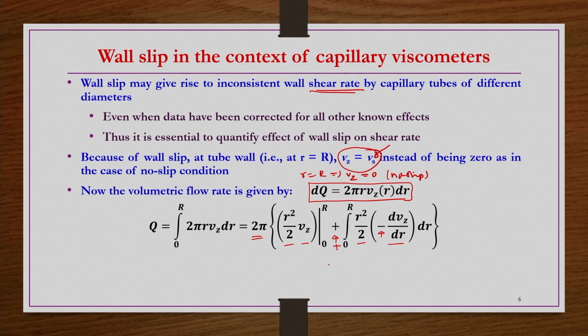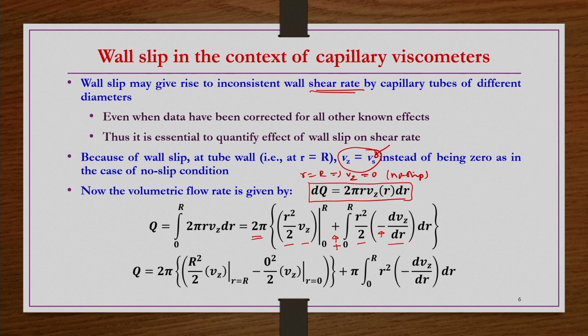Now, if you substitute the limits, R square by 2 Vz at r equals R, minus 0 square by 2 Vz at r equals 0. Since this term is anyway 0, because 0 square is there.